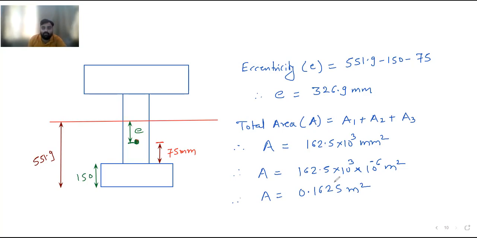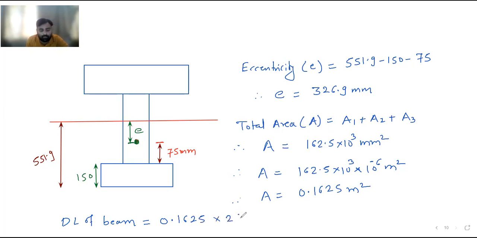Now multiply this by the density so that you will get the dead load. So the dead load of the beam is equal to 0.1625 into density. It is given in the problem.